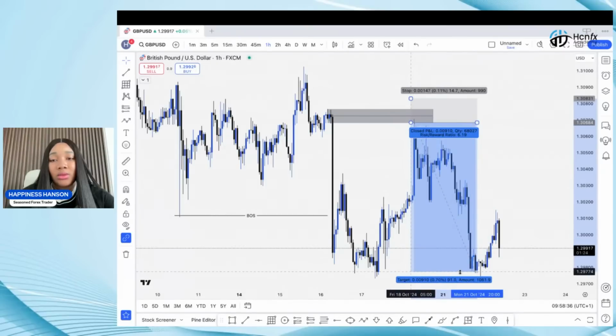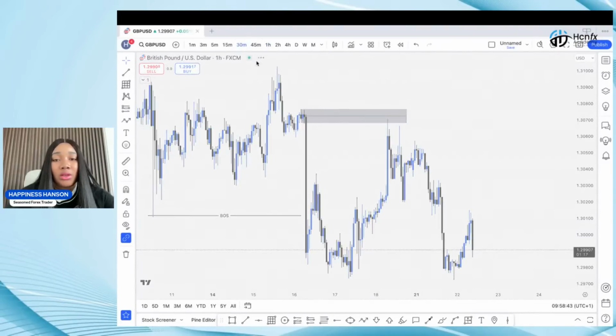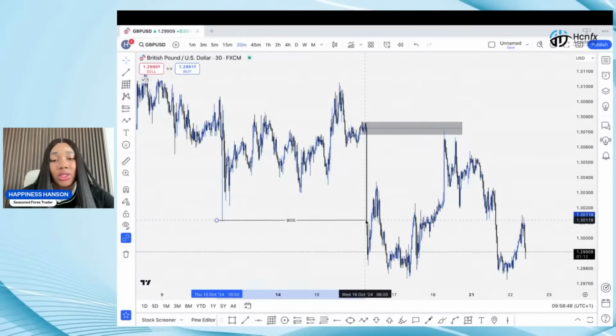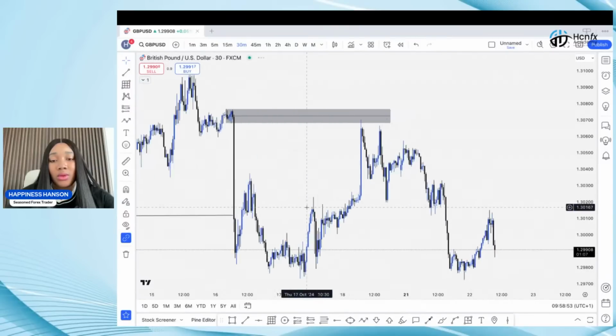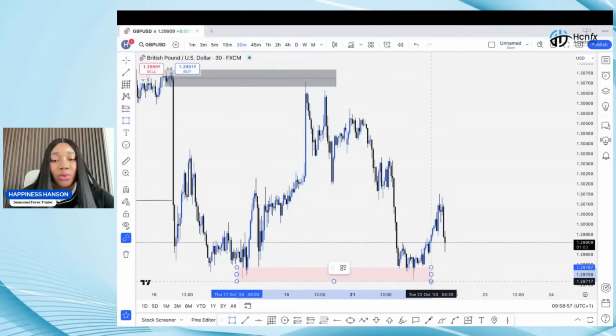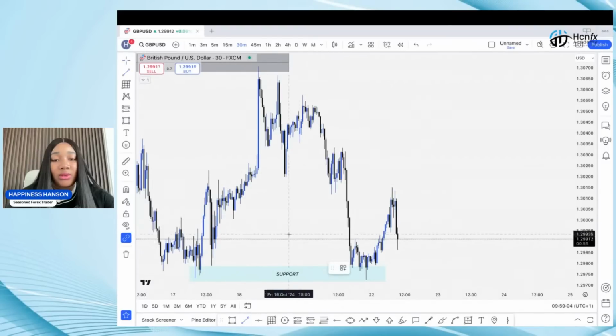A clean sell with a take profit of 91 pips. So now we need a new break of structure from there for us to get in, to align with the bearish structure. You can see price is still reacting around the support. We've not gotten a new break of structure. We need a new break of structure to get in. The only thing we have now is an internal break of structure, which is here.